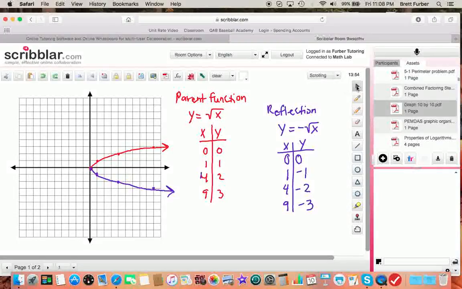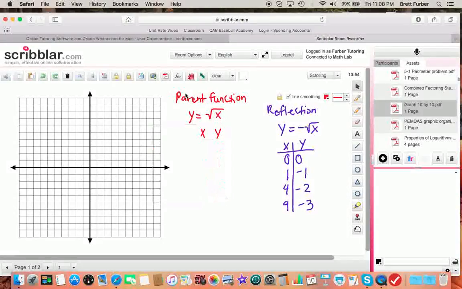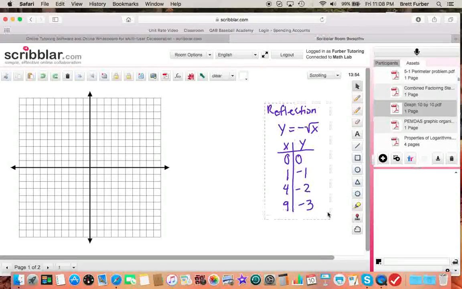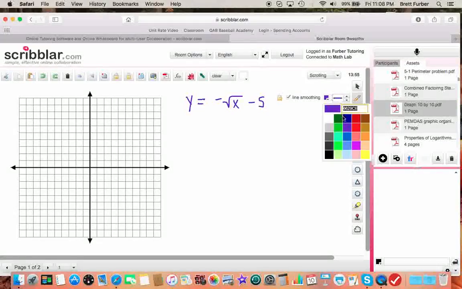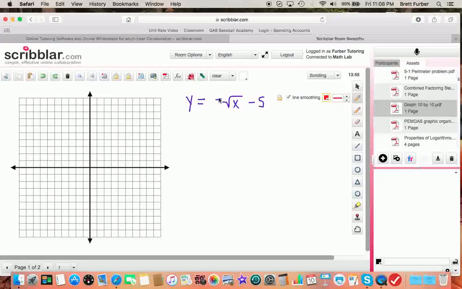I'm going to erase the information again. Just keep in mind at all times the reflection is going to be the opposite of the parent function, okay? So when I am presented with something like this, I have two things to notice here.